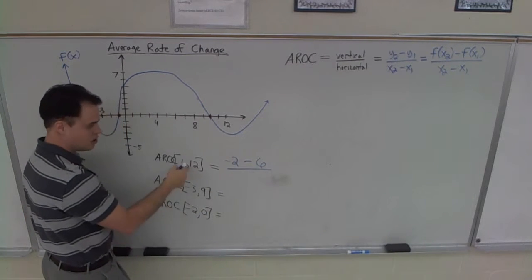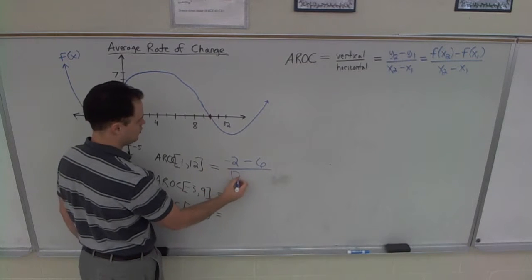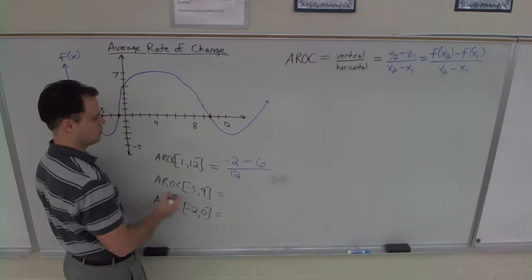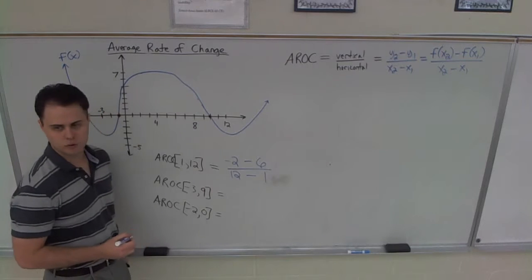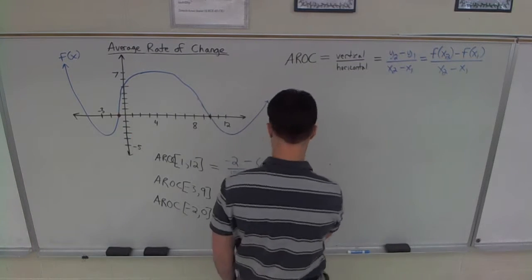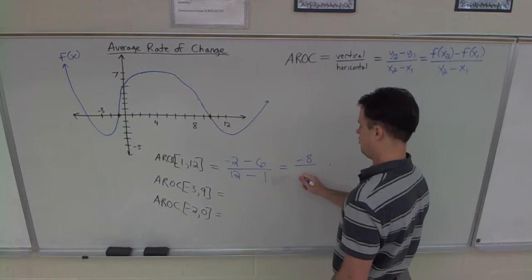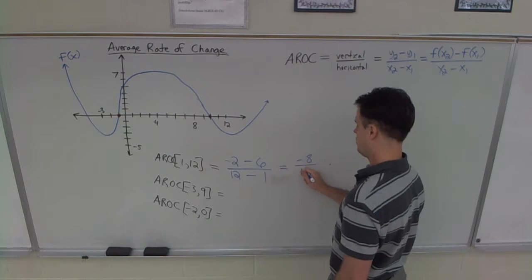And then we just use these things right here. What gave us -2? 12. What gave us 6? 1. Put a minus in between for change, because change between things is subtraction. And you've got what you need. So on top we're going to have -8. On bottom we're going to have 11.